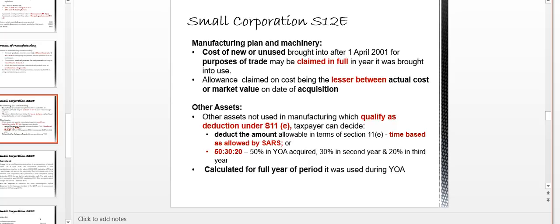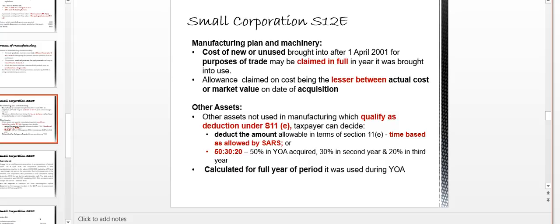But for any other asset, the taxpayer of a small business corporation can either decide to deduct a section 11(e) wear and tear allowance, so that's a time-based allowance by SARS. We'll deal with that now, and we have dealt with it before, so that's your normal wear and tear allowance, or it may deduct it as a 50-30-20 allowance.